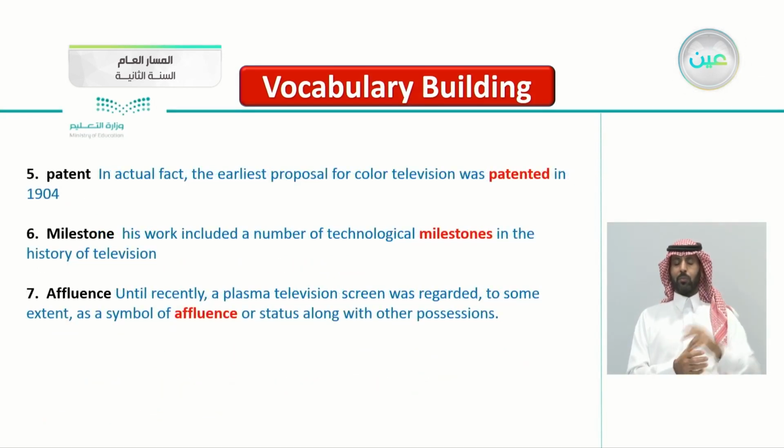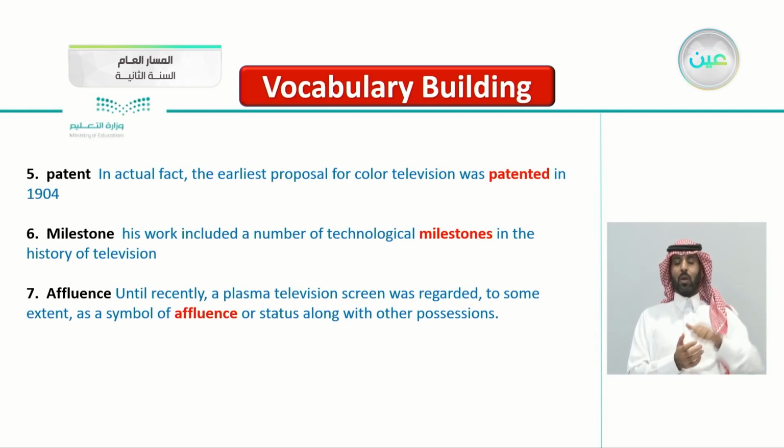The word patent, in actual fact, the earliest proposal for color television was patented in 1904. Milestone, his work included a number of technological milestones in the history of television. Again, his work included a number of technological milestones in the history of television.